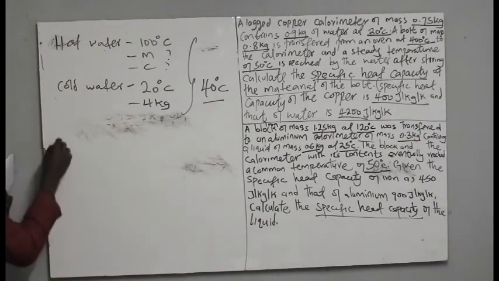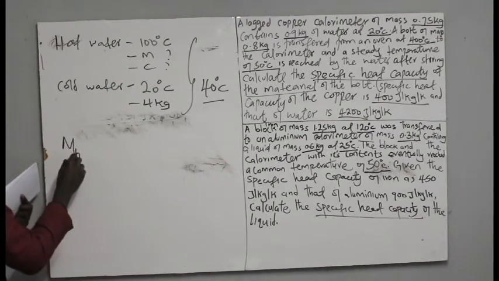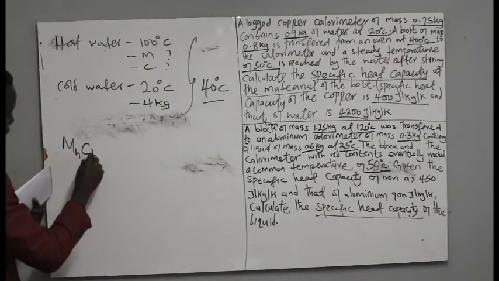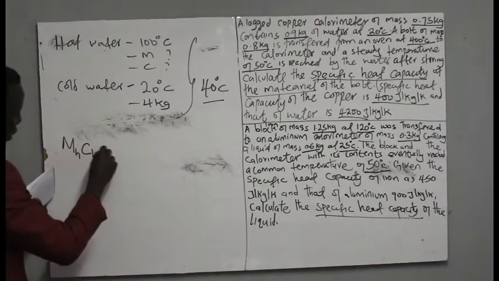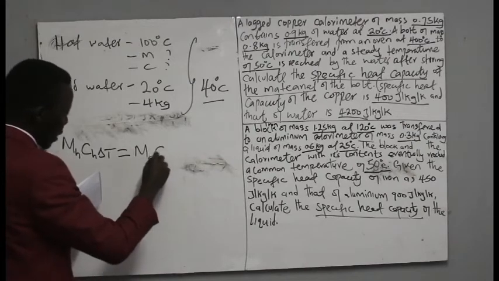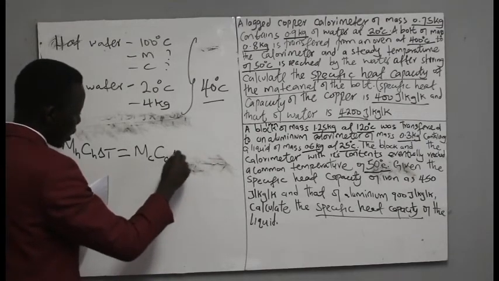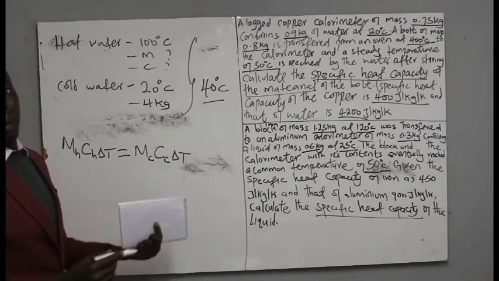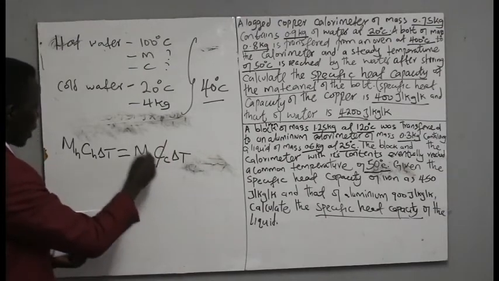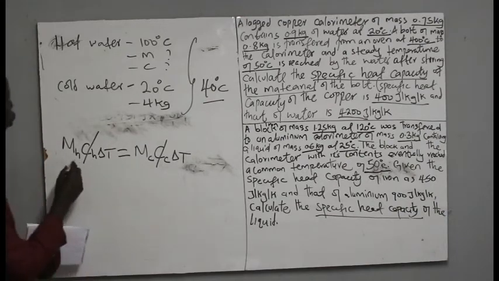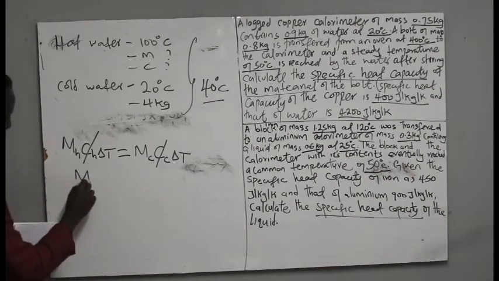So mass of the hot water times its specific heat capacity times the change in temperature should equal the mass of the cold water times its specific heat capacity times the change in temperature. Since both liquids are water, they have a common specific heat capacity, so I just remove it.